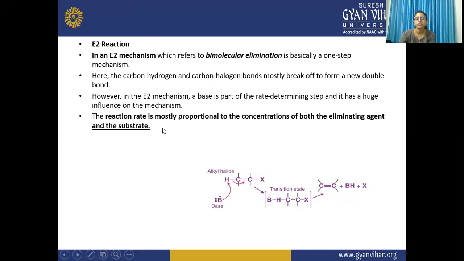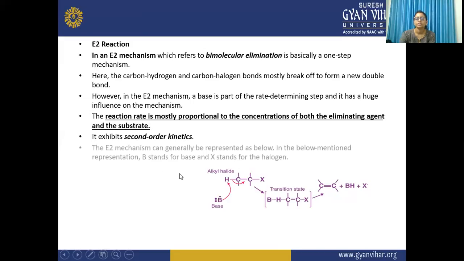The reaction rate is proportional to the concentration of both the eliminating reagent and the substrate. It follows second order kinetics, and the E2 mechanism can generally be represented as in the below representation. B stands for base and X stands for the halogen.